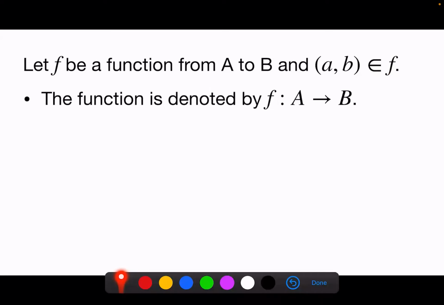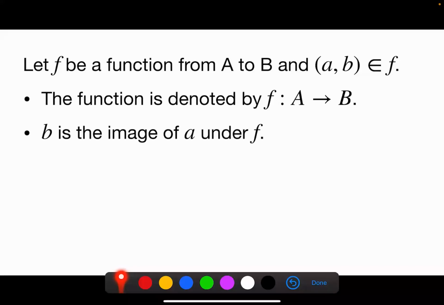You denote the function like this: f, then a colon, then the source is A and the target is B. To show that, you show an arrow. This arrow indicates that you are going from A to B. So the elements in A are connected with elements in B, provided those two conditions are valid.